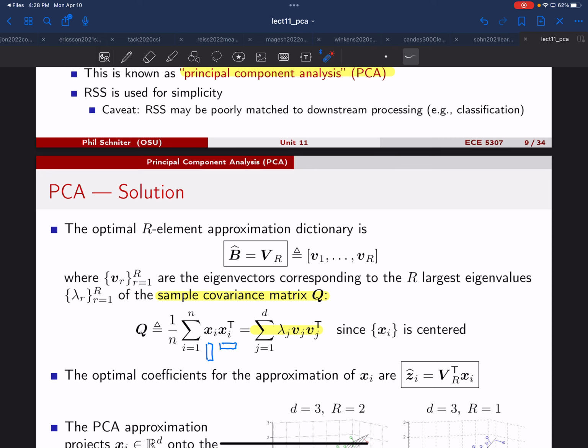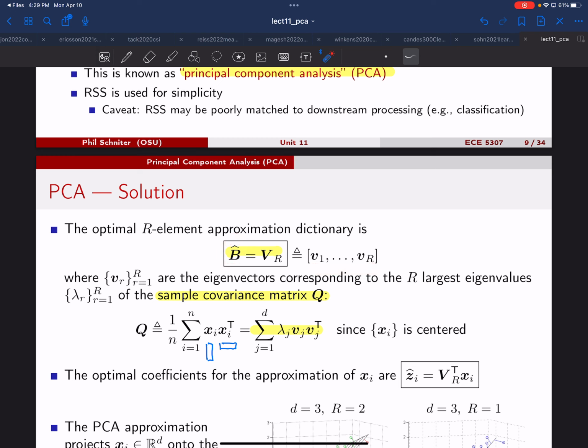So this is the optimal dictionary. Basically, you take your data, compute the sample covariance matrix, do the eigendecomposition, and you end up getting d different eigenvalues and eigenvectors. You look through them to find the ones that correspond to the largest eigenvalues, keep those eigenvectors, stack them in a matrix, and that becomes your optimal dictionary.